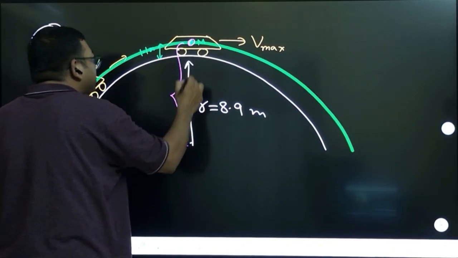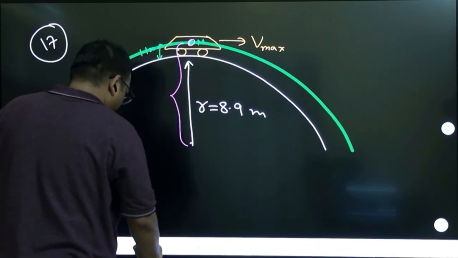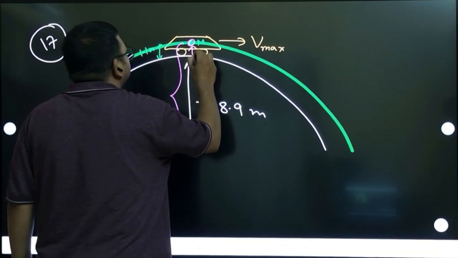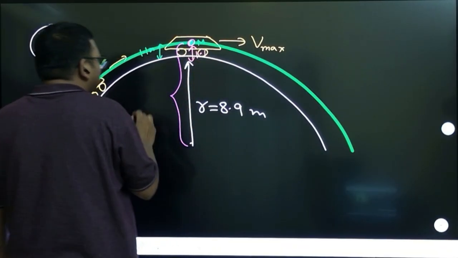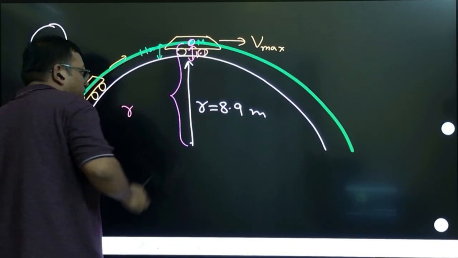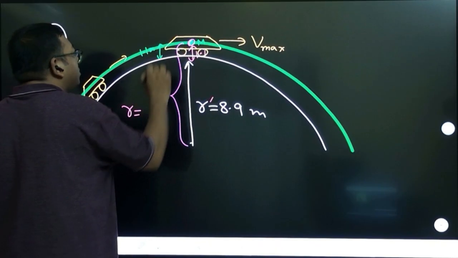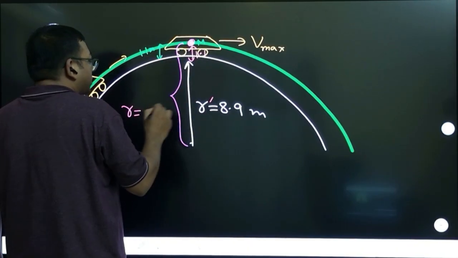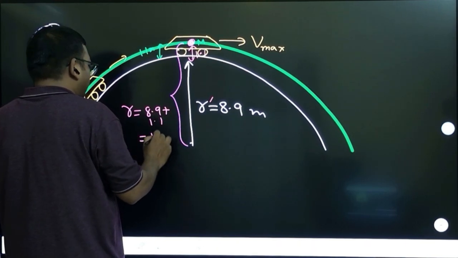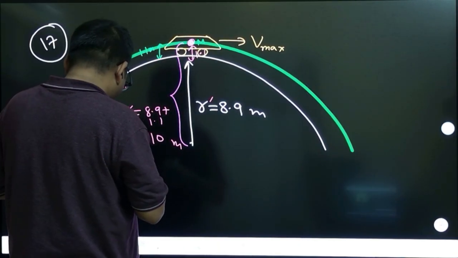Now how much will the radius be, because this is already 8.9 and this is 1.1, right? So what will be the radius? Yes, this is 1.1, we have to add. So let us write the radius as r dash. So the actual radius of this circle of this body will be 8.9 plus 1.1, that is 10 meters. Now the question is what should be the maximum speed?